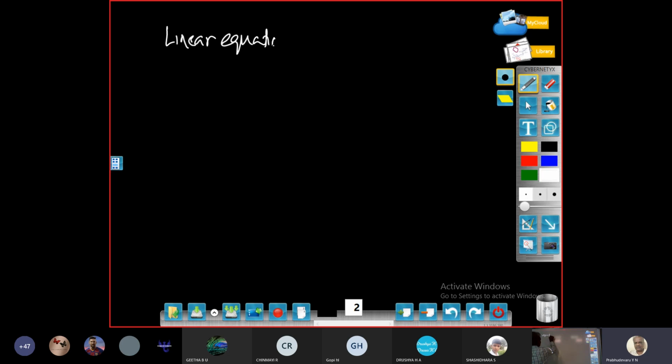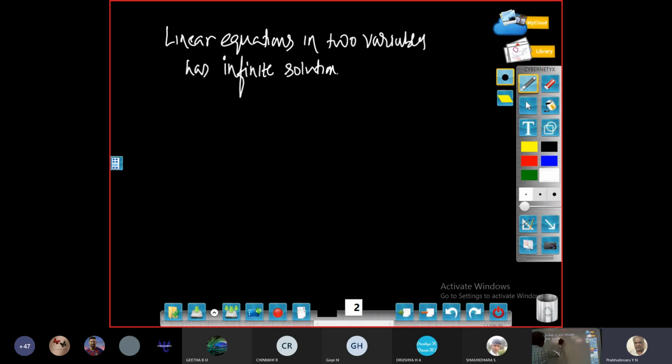20.5 plus 4.5 also works. Linear equations in two variables have infinite solutions. Remember that; this word is important.